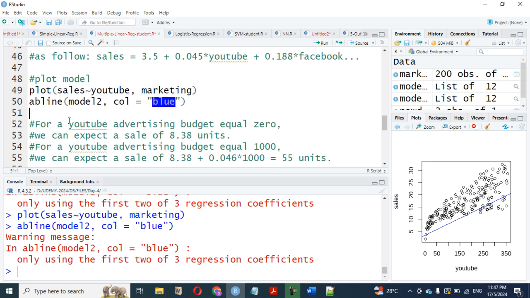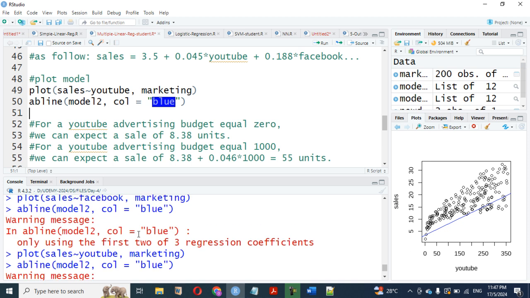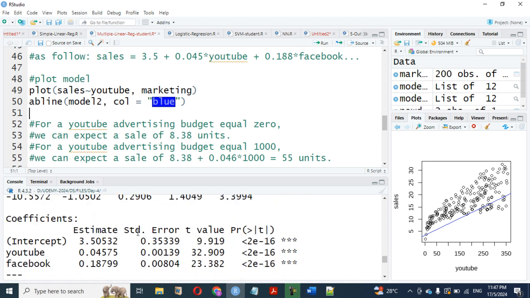So for a YouTube advertisement budget equal to 0, we can expect sales of 8.38 units. That's what it means. We will see from here.